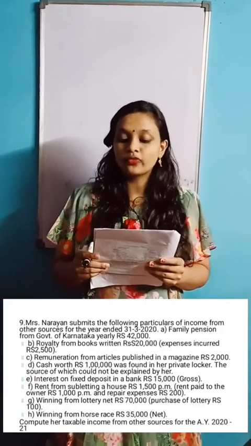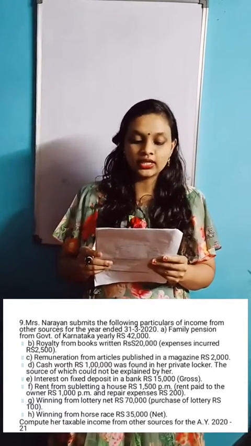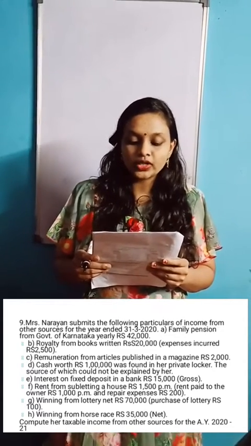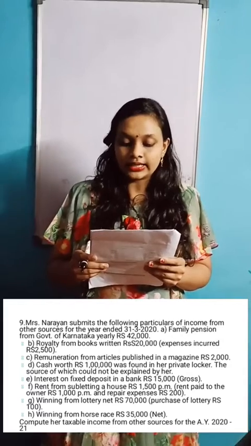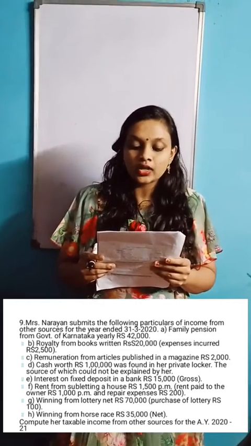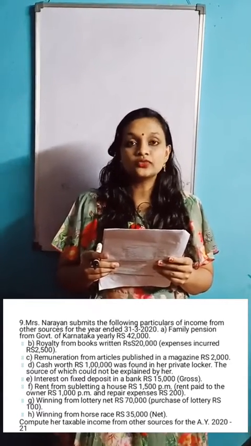Okay. Ninth problem. Mr. Narayana submits the following particulars of income from other sources for the year ended 31st March 2020. Family pension from Government of Karnataka, earlier, rupees 42,000. Royalty from books written rupees 20,000. Expense incurred rupees 2,500.